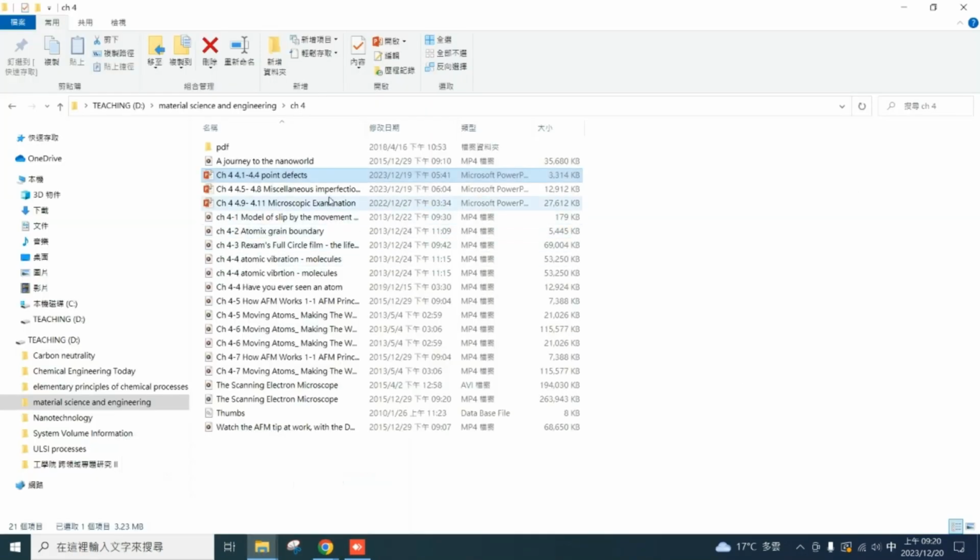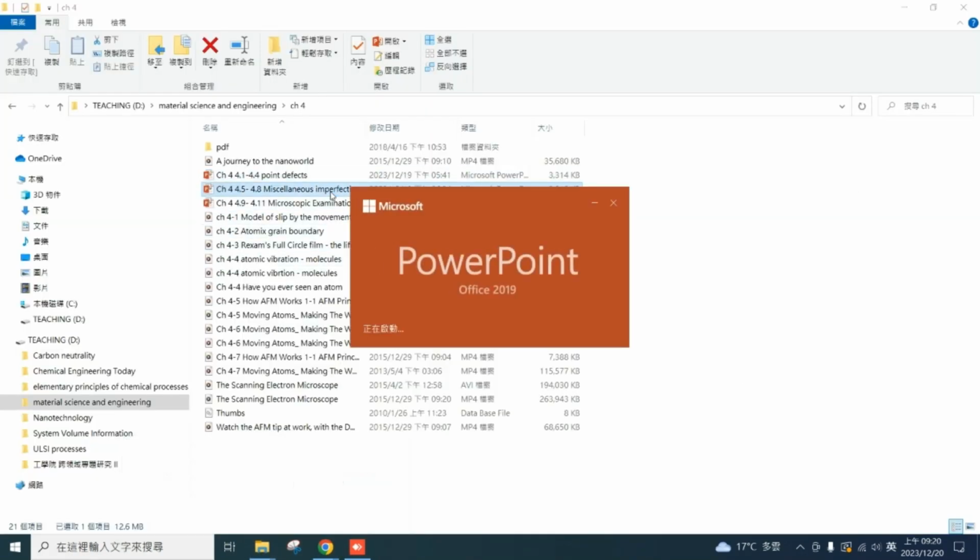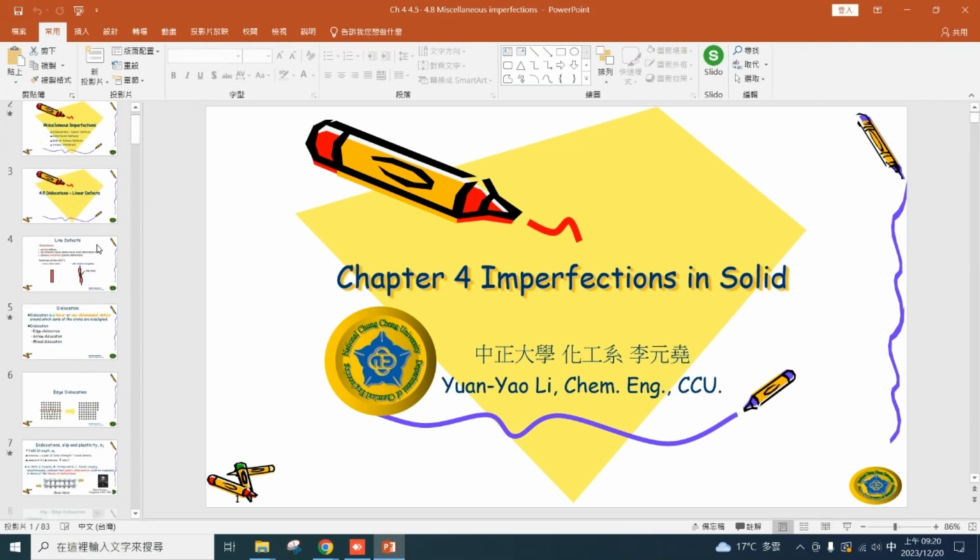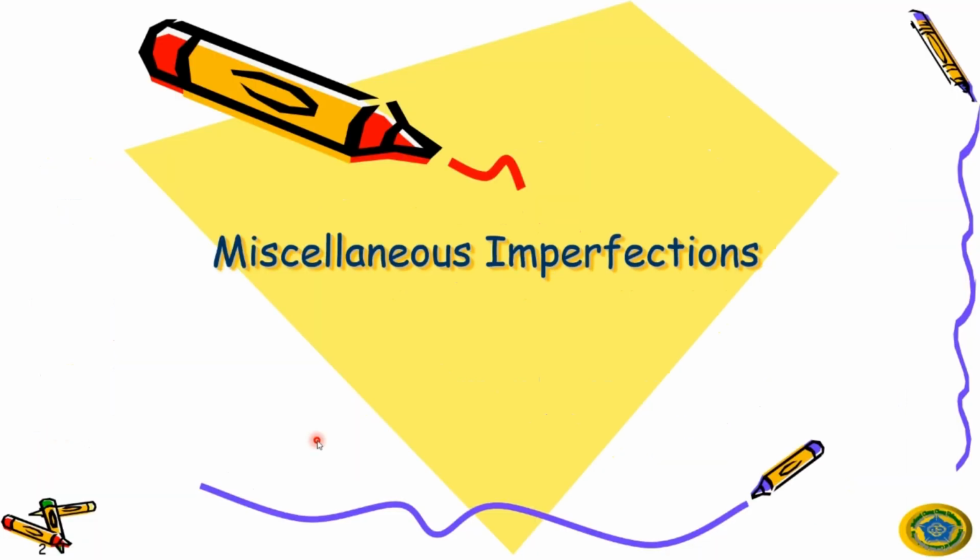Now let's move to miscellaneous imperfections. First of all, let's talk about one-dimensional defects, which we call dislocations, or linear defects.